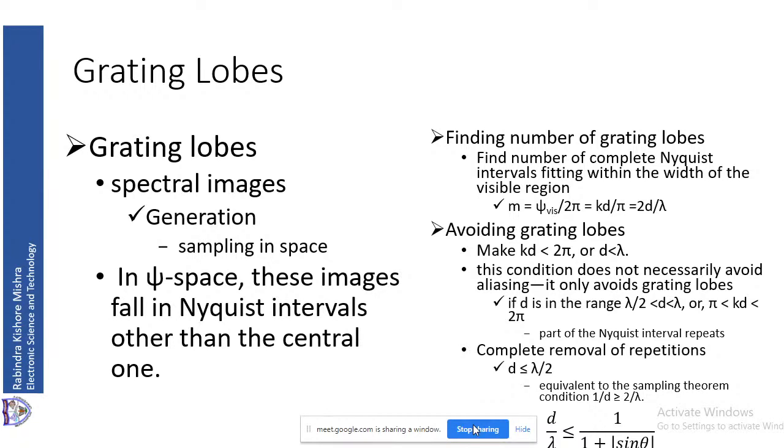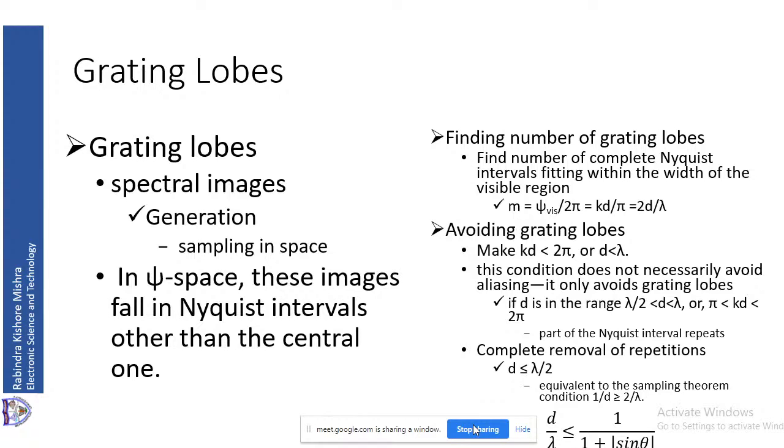If it is in the broadside, there will be no grating lobe if d is less than or equal to lambda. And if it is in the end fire direction, then d is less than or equal to lambda by 2. So this is the range. d by lambda has to be within 1 and 1 by 2. It cannot be more than that.